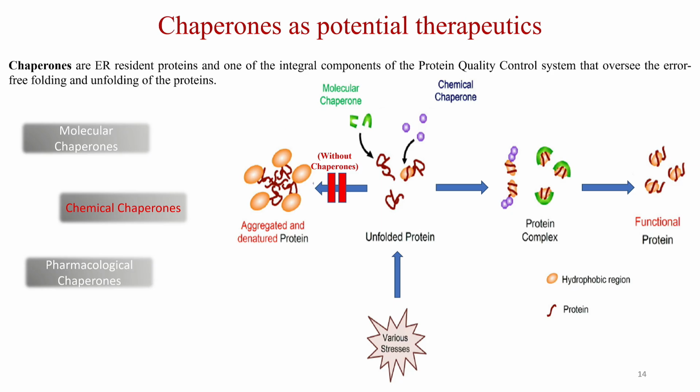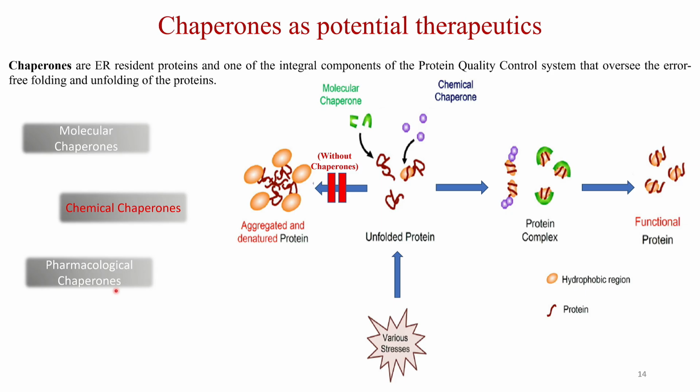Now apart from molecular chaperones, there are other classes of chaperones, that is chemical chaperones and pharmacological chaperones. They are not normal resident chaperones in the cell. They are drug molecules, chemical molecules, which have the ability to do the same thing as the molecular chaperones do, and thus they become a very good candidate for the treatment of this disease, to actually block the aggregation of these molecules.